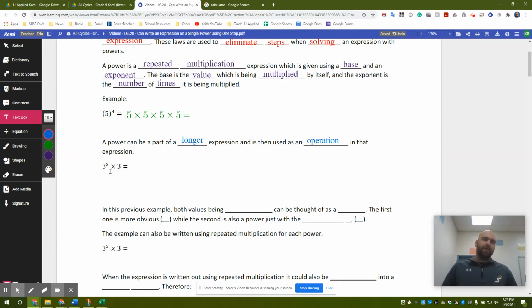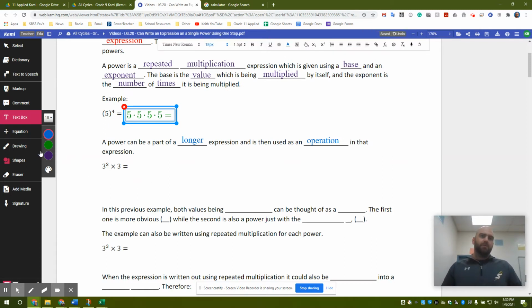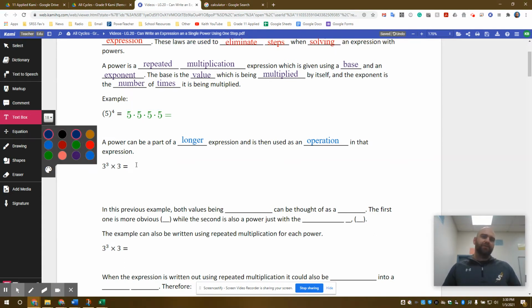So this one that we have right here, 3 cubed times 3. If we write it out in repeated multiplication, I'm going to change all of these multiplying signs to a little dot, because within every power I'm going to use the dots, and between powers I'm going to use a multiplying sign. So that will hopefully help us differentiate between the two different pieces.